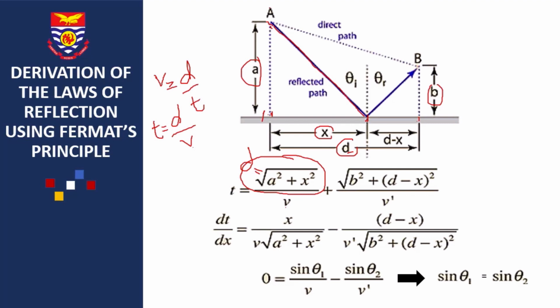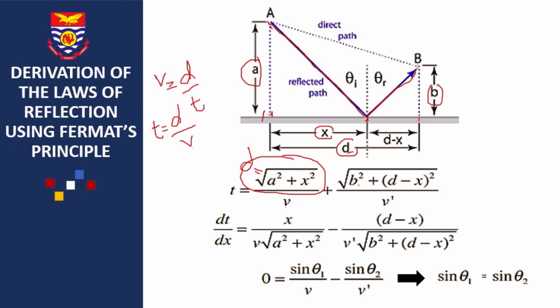We want to find the reflected ray, right? From Pythagoras' theorem, we have the square root of b squared, which is here, plus the whole of d minus x squared, which is here. And we have our v here, but this time it's v prime to differentiate it from this one. Is that okay? So this whole thing is the time for the path from A to B.